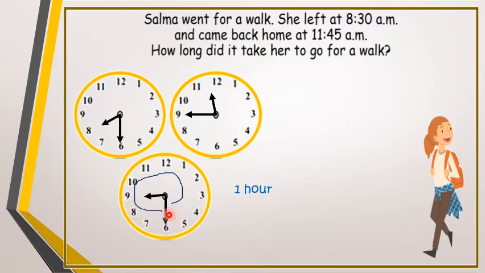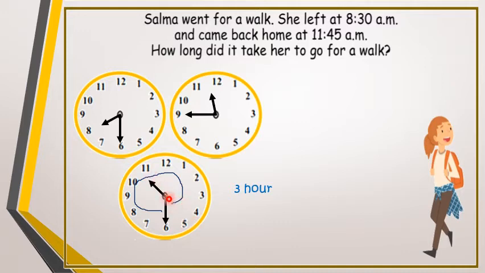Now I will move the long arm a whole circle again. So the short arm will move to the next hour, so it will be 2 hours passed, and it will be 10:30. Now I want to move the long arm a whole circle, so the short arm will move to the next hour, so it will be 3 hours.